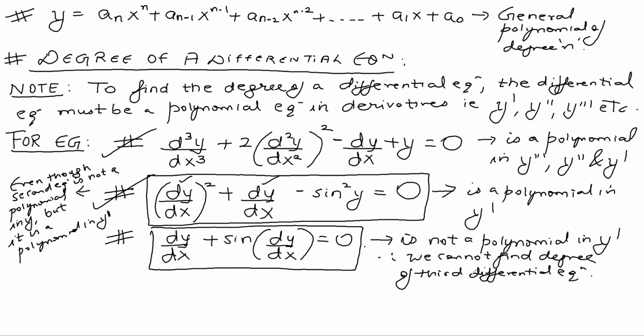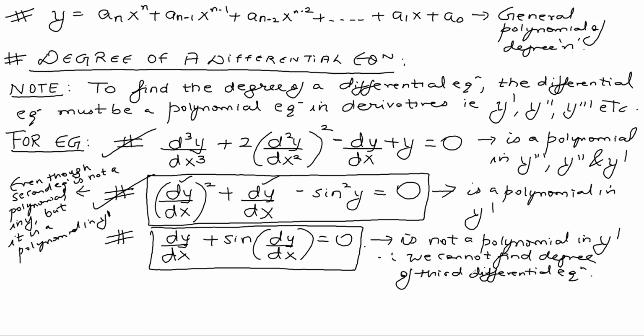So the purpose of taking the example is to explain first in which case we can find the degree. What is degree? I haven't discussed it yet. What the degree of a differential equation is still remains to be discussed. I am first discussing when you can find the degree and when you cannot.